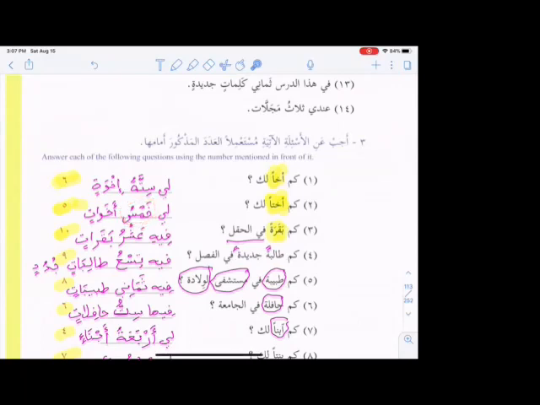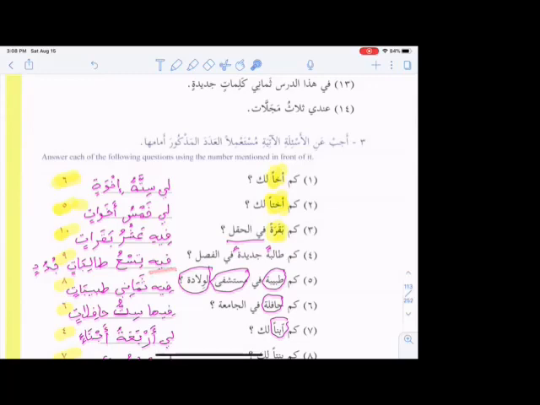Kam ukhtan laka li khamsu akhwatin. Kam bakaratan fil hakli. How many cows are in the field? Fihi, that is in the field, ashru bakaratin. Look at them spelling out ashru bakaratin. No ta marbuta here. Kam taliban jadidatan fi fasli.